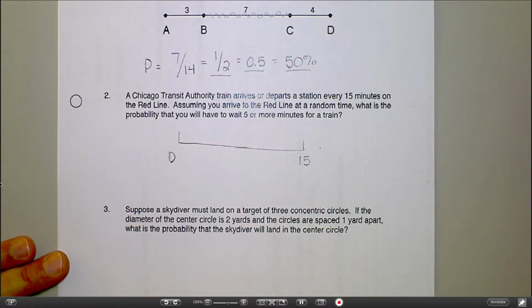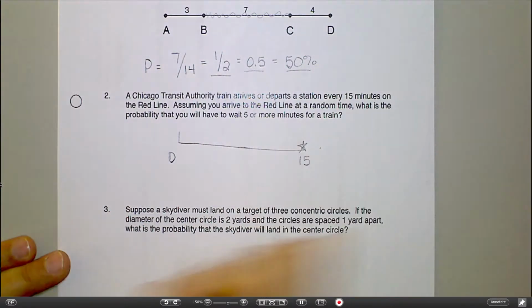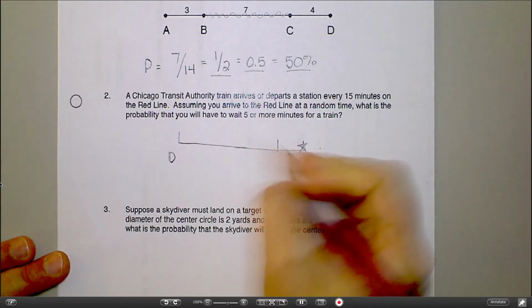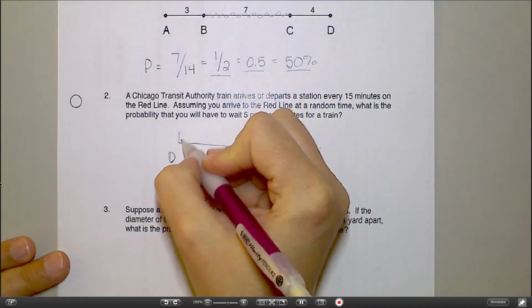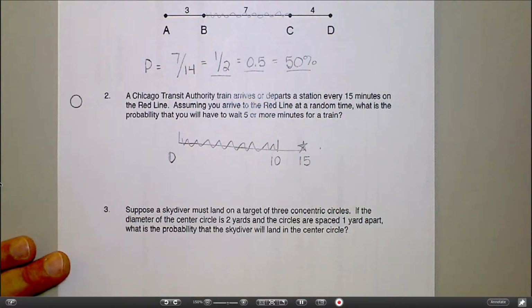Okay? Where would I have to wait 5 minutes or more? So like, this is when the train is going to arrive, right? So 5 minutes back from that would be what? 10. So if I arrive anywhere in here, I'm going to be waiting more than 5 minutes. Do you agree? So that's how many minutes out of 15? 10 minutes.